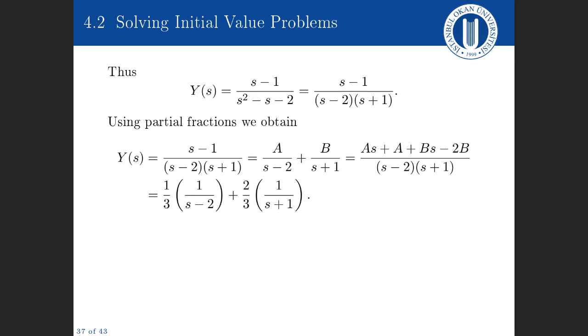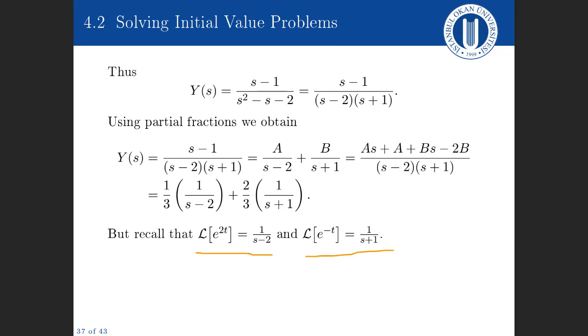And these should look familiar to you. 1 over s minus 2 and 1 over s plus 1. Recall that the Laplace transform of e to the power 2t is 1 over s minus 2, and the Laplace transform of e to the power minus t is 1 over s plus 1.